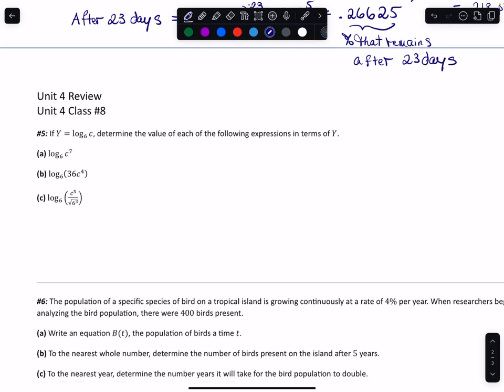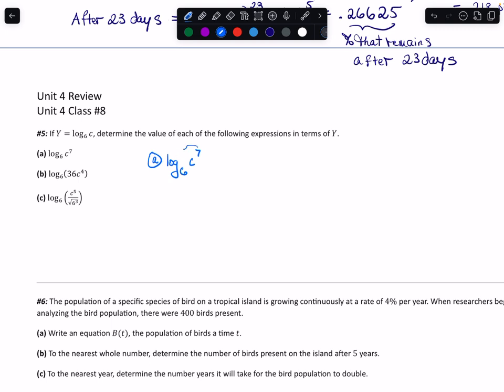Number 5 here, little laws of logarithm action. If capital Y is log base 6 of c, determine the value of each of the following expressions in terms of y. This is just my laws of logarithms, but sometimes this really beats people up. So you have log base 6 of c to the 7th.